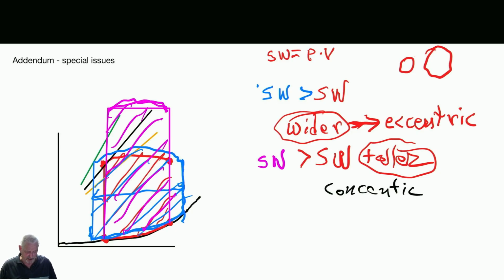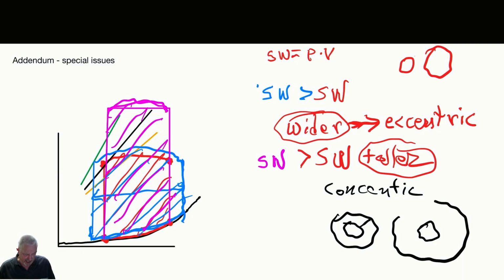And the hallmark of concentric hypertrophy is if we have a normal ventricle, we're looking down on the top with this sort of wall thickness. What we get is a new ventricle that has about the same size lumen as we had before, but we get massive wall thickening.